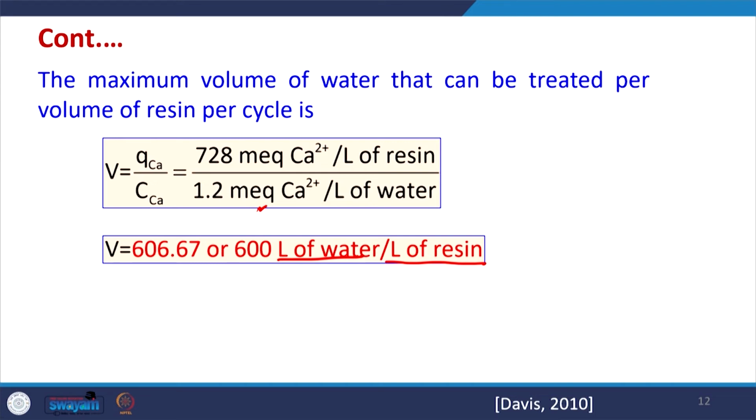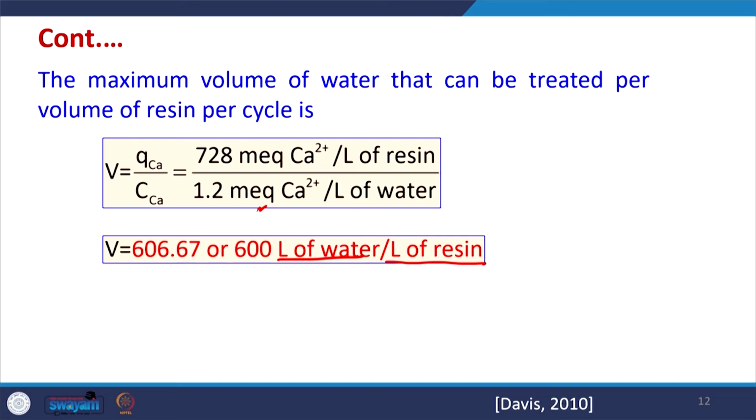Through this we can understand that for any ion exchange resin that has to be used in a home, residences, or industrial complexes, we can always find how much water will be treated per bed if the same resin is used in the bed.